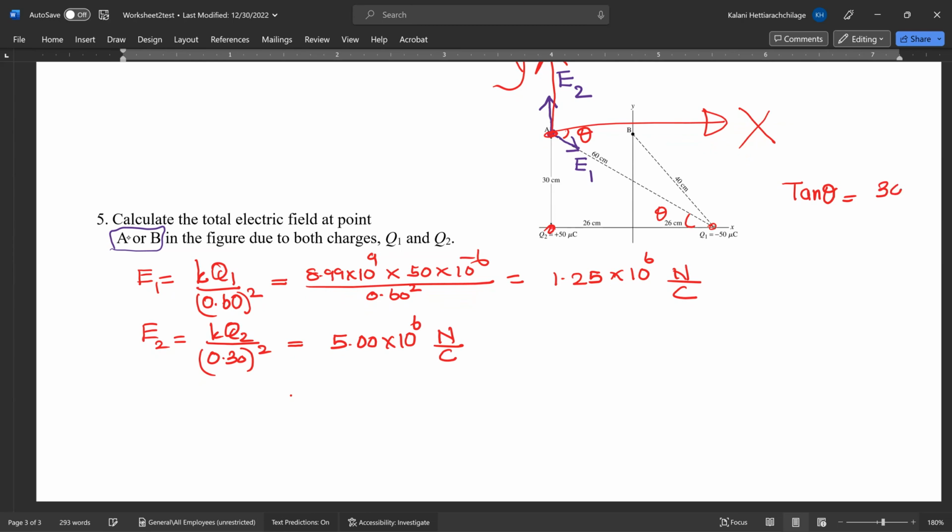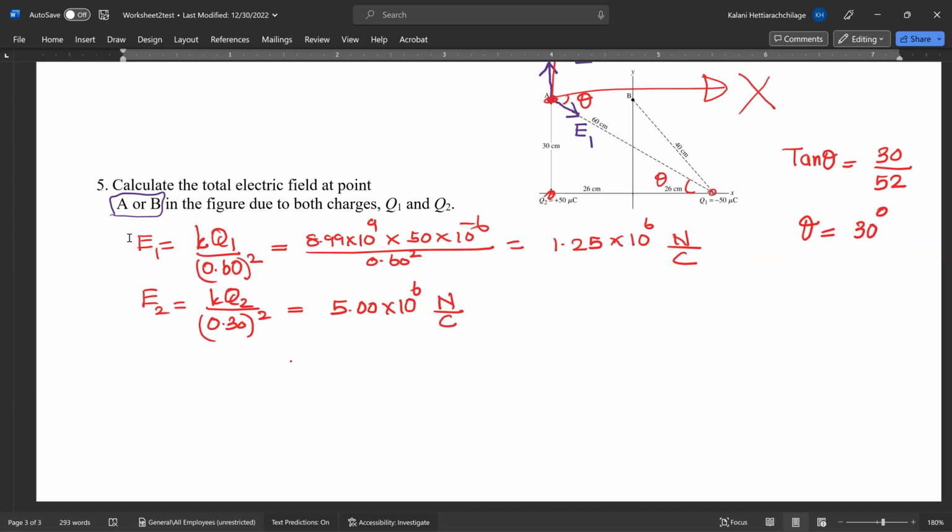Opposite is 13, and adjacent is 26 plus 26, that will be 52. And then you are ready to find your angle. I found the angle as 30 degrees.